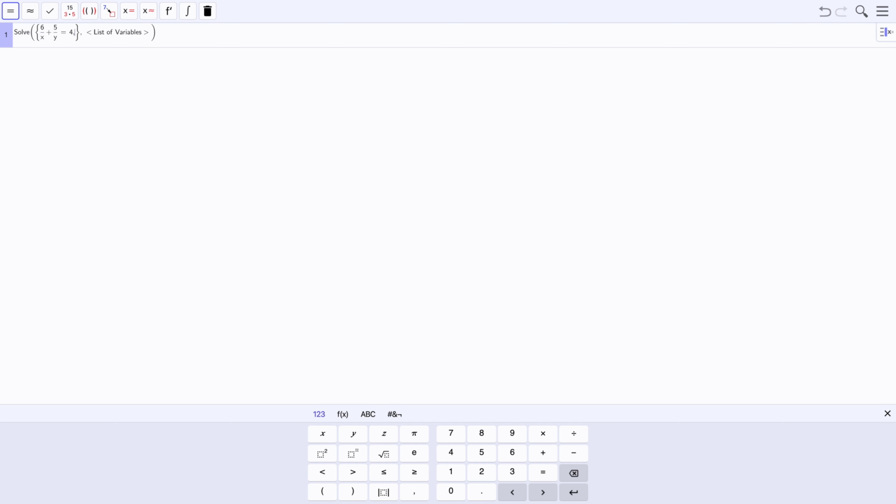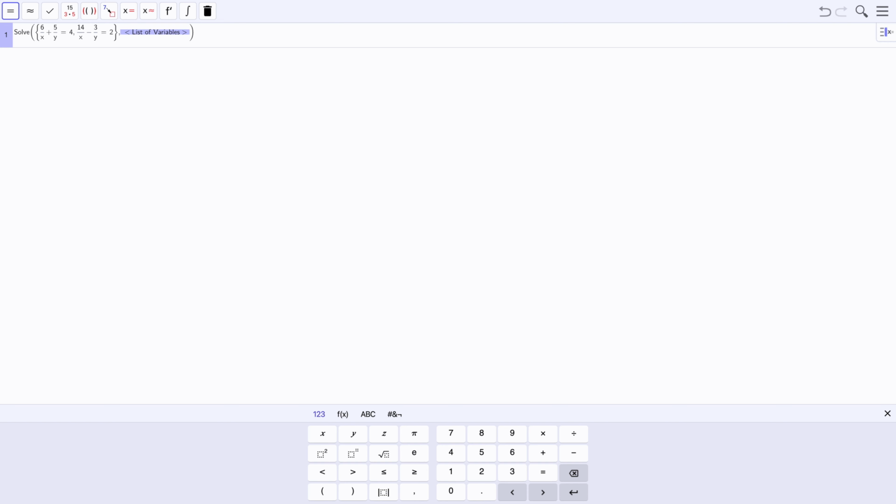It means that you are supposed to write the second equation. The second equation is 14 over x minus 3 over y equal to 2. Yes? And now when you have typed your equations, you go to the list of variables.